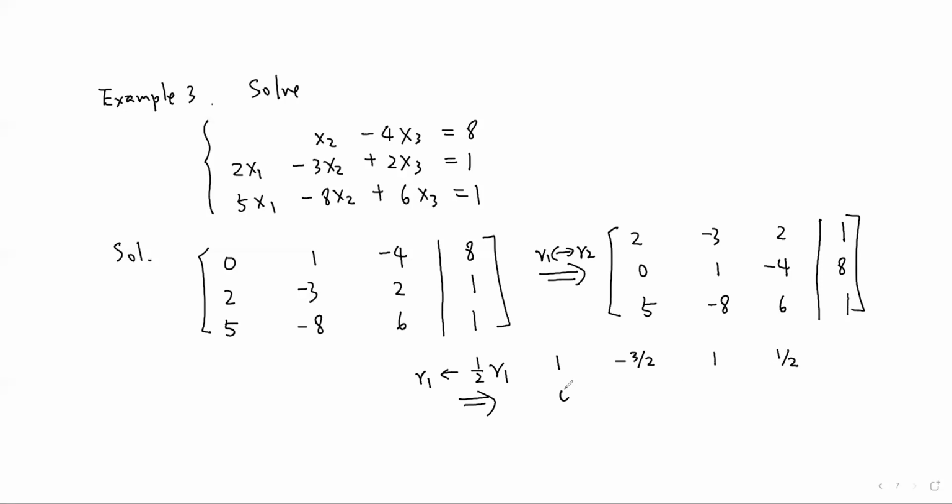And then 0, 1, -4, 8, 5, -8, 6, 1. Scaling, because I don't want to work with fractions. Now I use this number to eliminate this number. Usually, we call this number a pivot number because I use it to eliminate the numbers below.